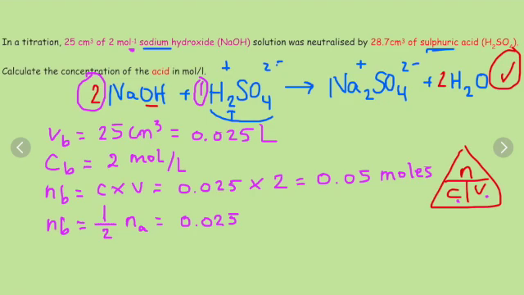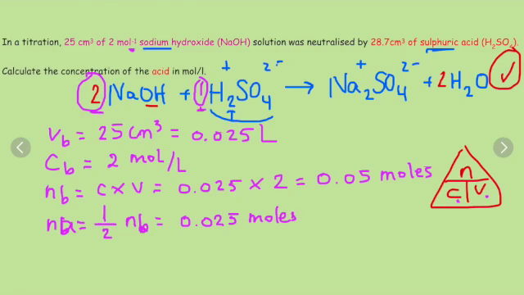I actually put this the other way around. So that would be moles of acid is 1/2 of the moles of base. So you see what I did there. I just applied the molar ratio.